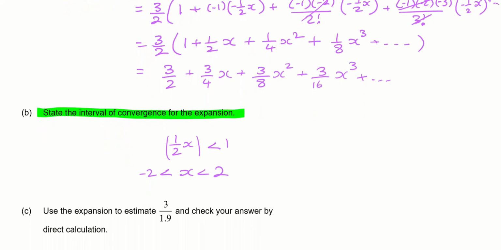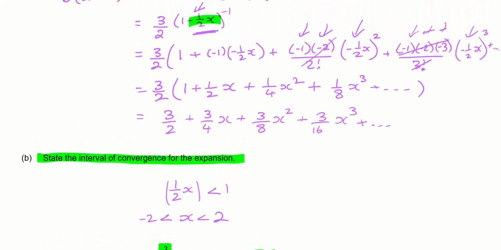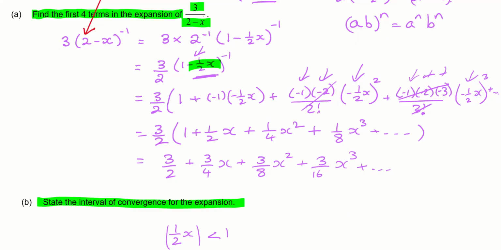So finally, we want to use the expansion to estimate 3 divided by 1.9 and check your answer by direct calculation. Okay, so if we want the bottom here to be 1.9, that's going to be x is equal to 0.1.